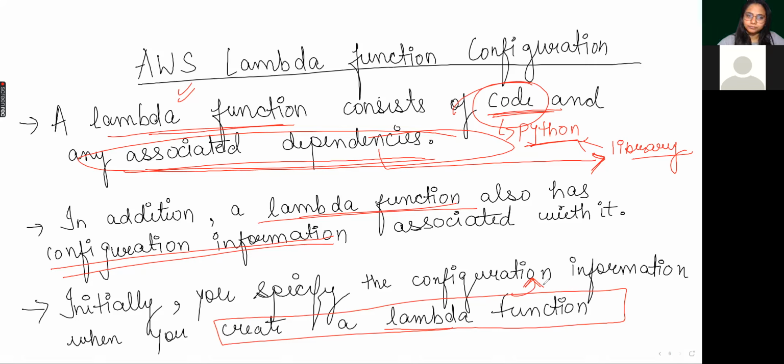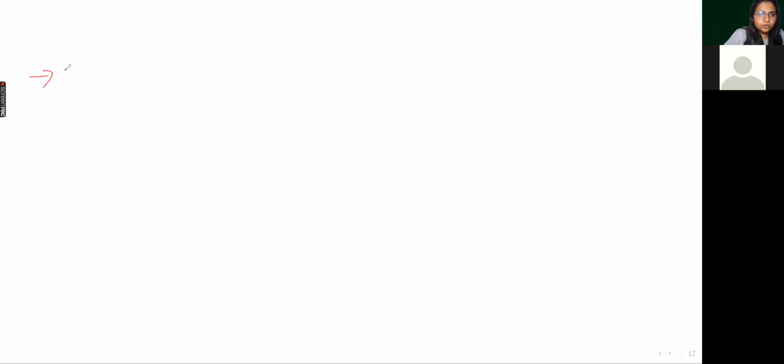Getting it? Got it. Now the question arises that once the Lambda function is created, can you change its configuration information? So yes, you can change the Lambda function configuration once it is created.